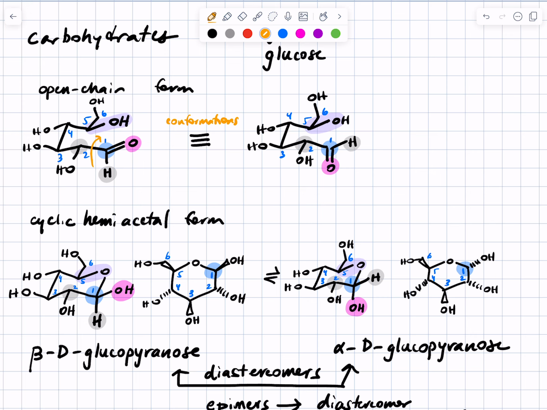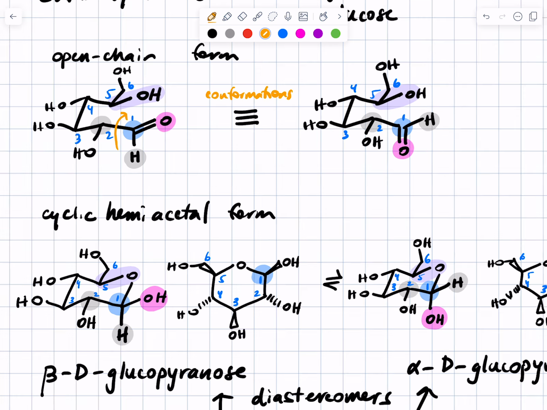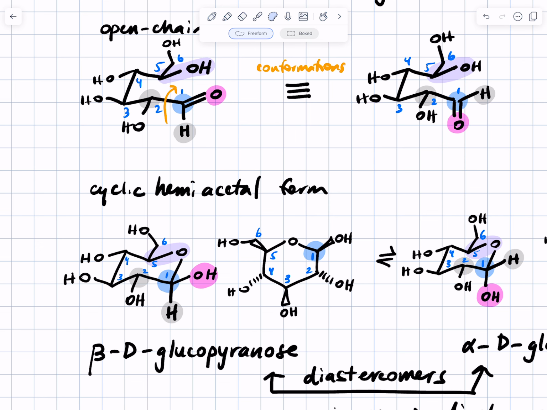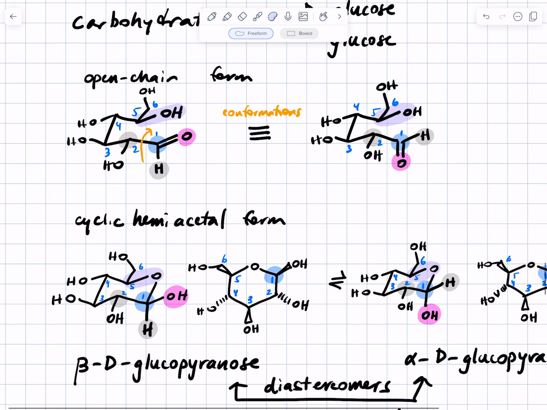Now let's talk so briefly in 30 seconds about how you might show the formation of a hemiacetal from this linear form. If I want this OH to attack this carbonyl carbon, what do you think I have to do first? Excellent, proton transfer. Let's get rid of that hydrogen. We would need some base to do that. We're not going to care what.